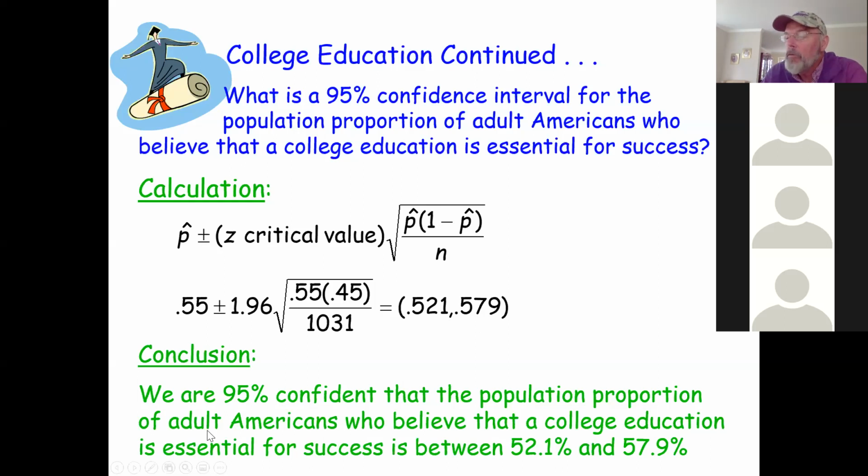All right, so start out with your confidence level with the conclusion. Make sure that you introduce the population parameter. In this particular case, the population proportion is the parameter that we're looking for, and end the interpretation with your results coming from the margin of error.